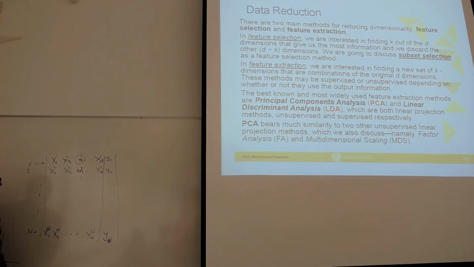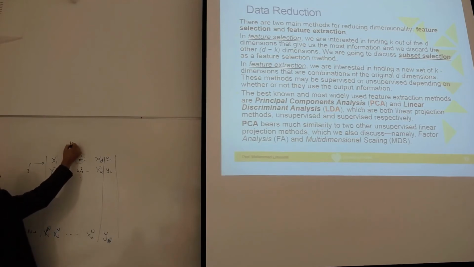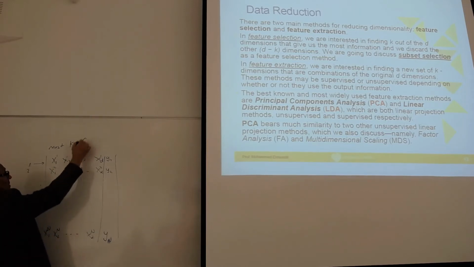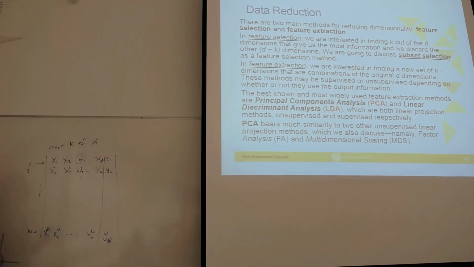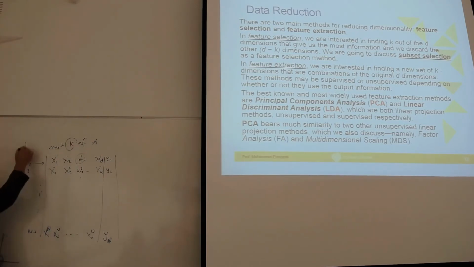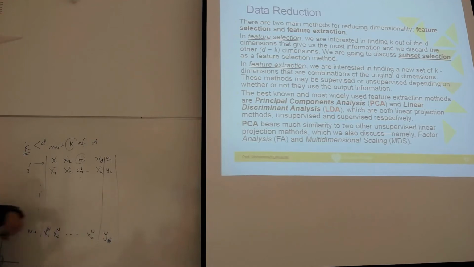For example, if we have D inputs, we are looking for the K most important dimensions out of D. Of course, K should be less than D. So we are looking for the most important K dimensions for our data, and then we omit the rest.